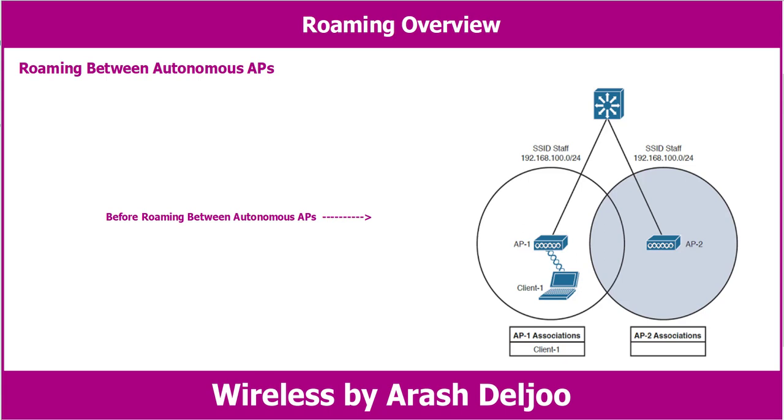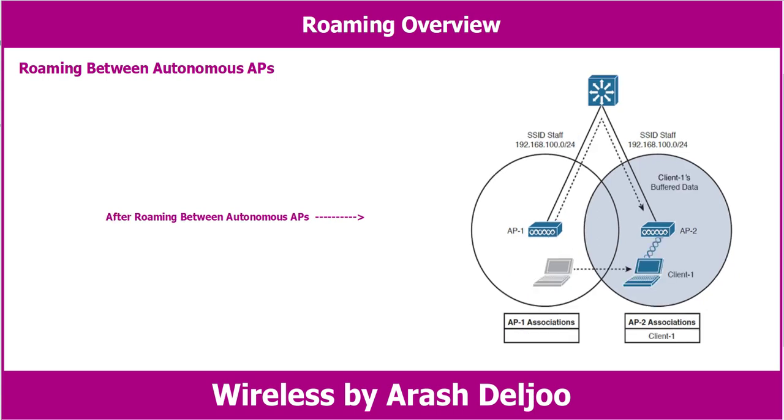Suppose that the client then begins to move into the AP2 cell. Somewhere near the cell boundary, the client decides that the signal from AP1 has degraded and it should look elsewhere for a stronger signal. The client decides to roam and reassociate with AP2.